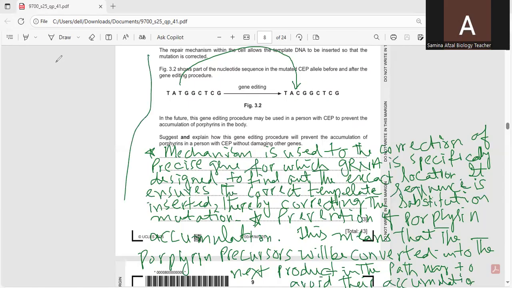And the third point can be avoiding damage to other genes.